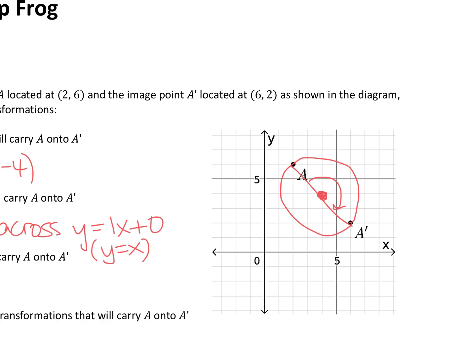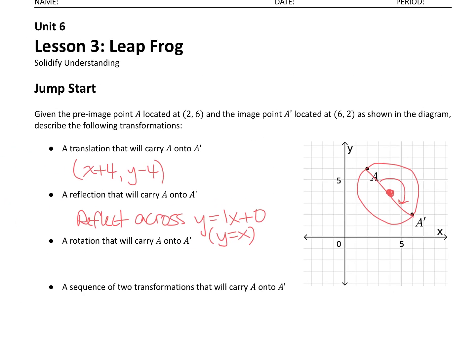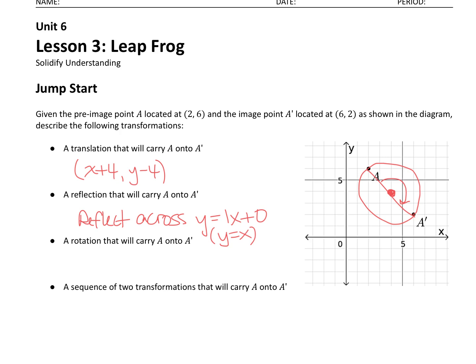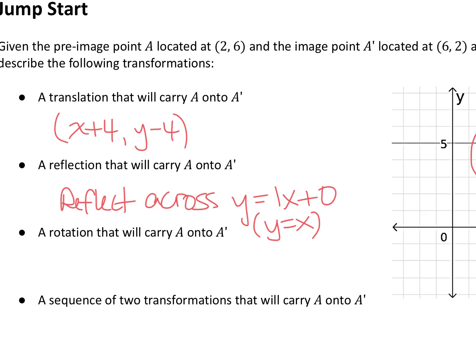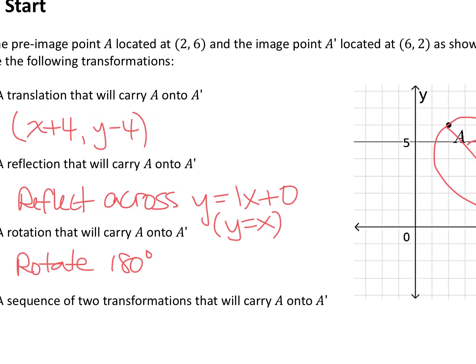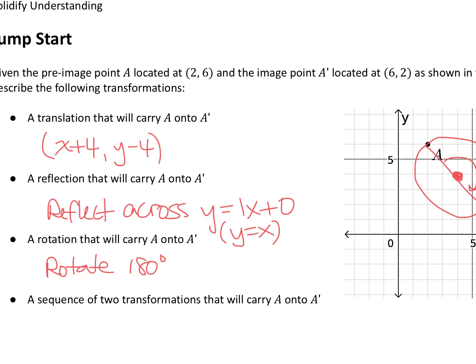Okay, so that will be part C. So I'll say rotate 180 degrees, and I'm not going to specify clockwise or counterclockwise because you can go either direction, but I'm going to say the center of rotation because it's not the origin, it's different. So about 4, 4.